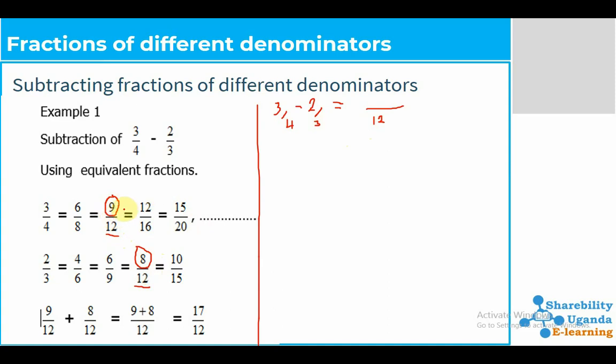So using the same method, we have our 9 here, which is 3 out of 4, then minus 8. Because here we are dealing with minus. Let's see whether we can get the same answer or a different answer.